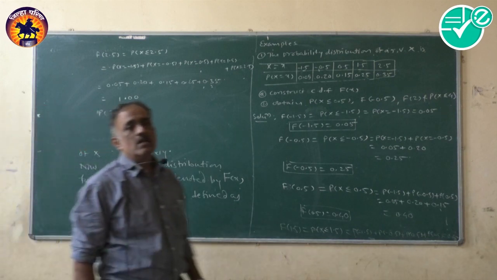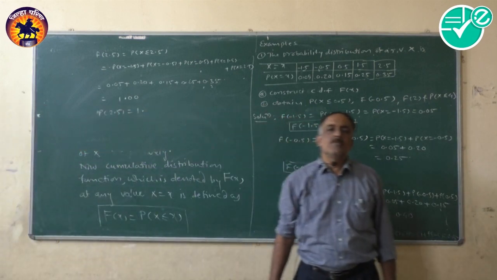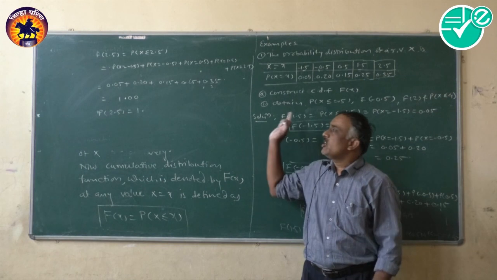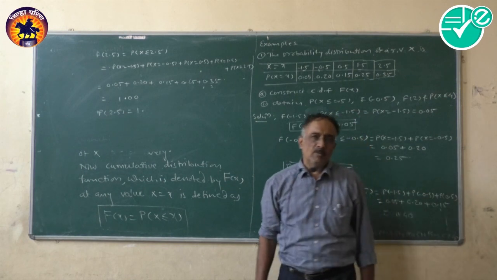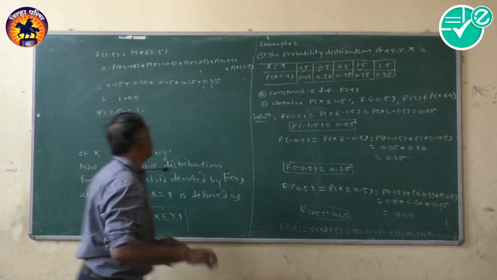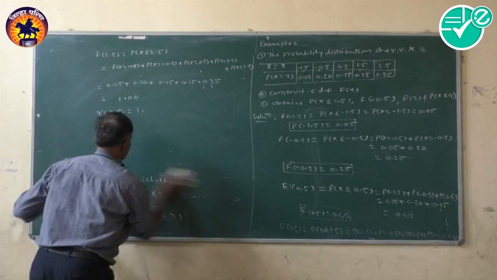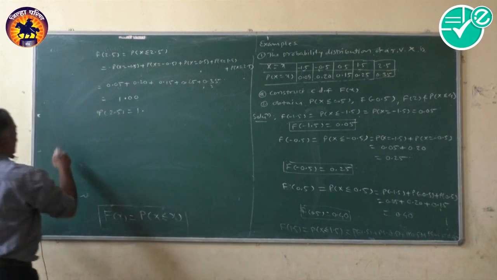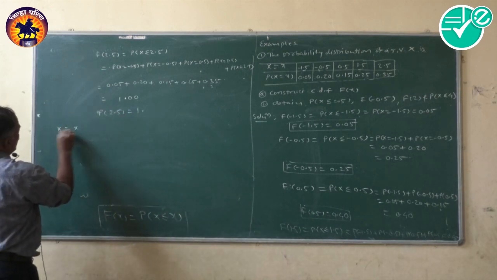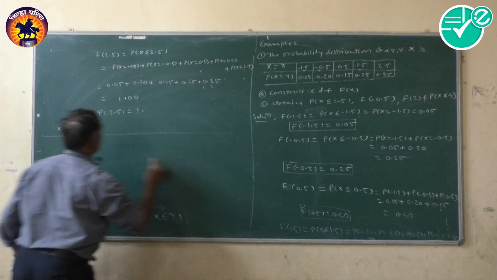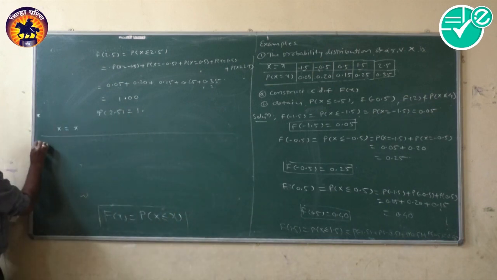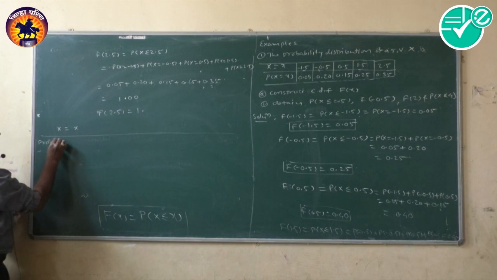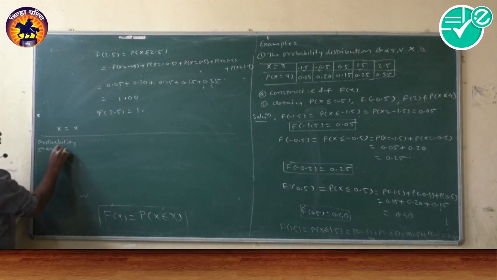So let's write the cumulative distribution function once again in table form. I am going to write this in table form, such as x assumes value small x. The first function is the probability mass function.